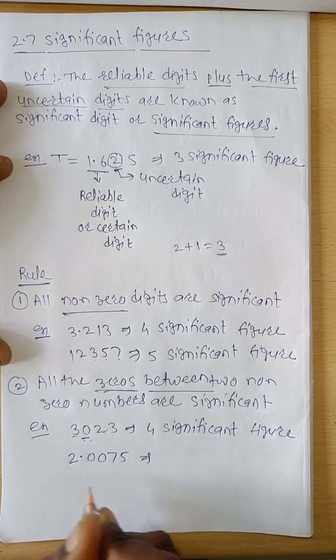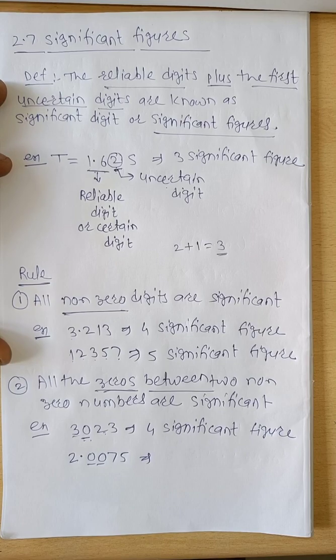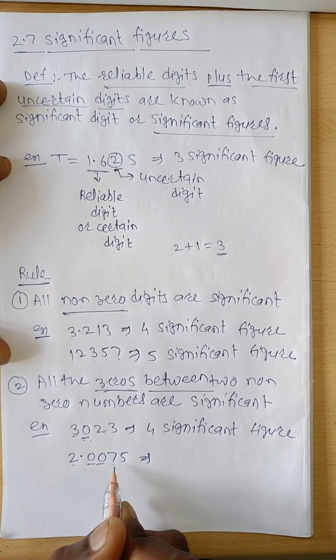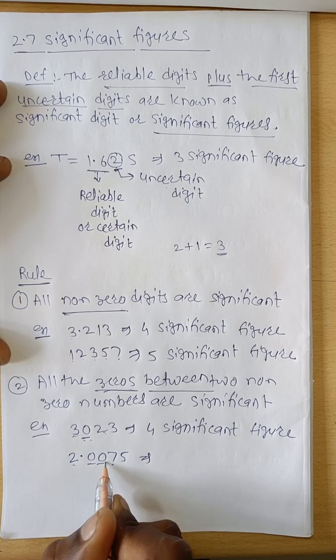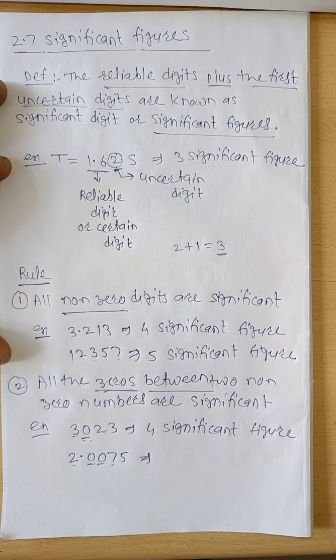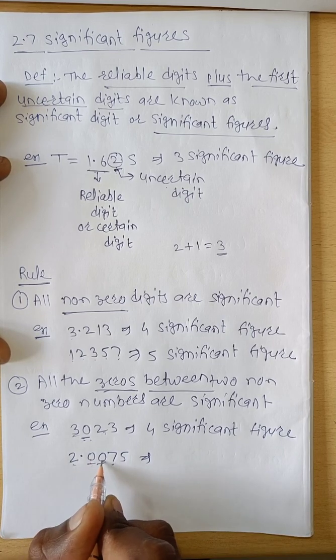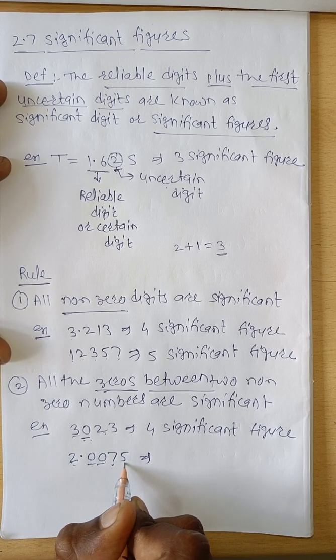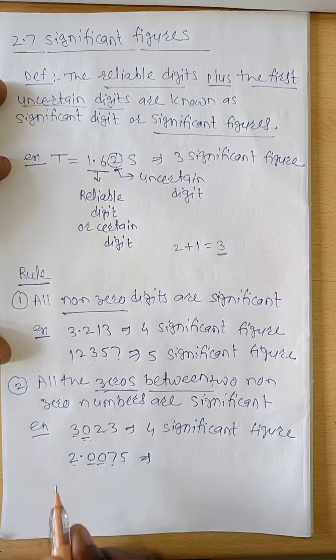Now suppose the number is a decimal, that is 2.0075. In that case, the two zeros are present in between the non-zero numbers 2 and 7. Therefore, those two zeros are also significant. These two zeros are significant, 7 is significant, 5 is significant. Therefore, how many significant figures? 1, 2, 3, 4, 5.